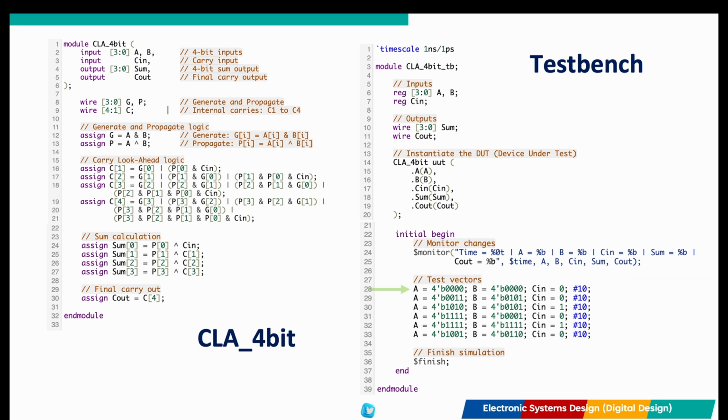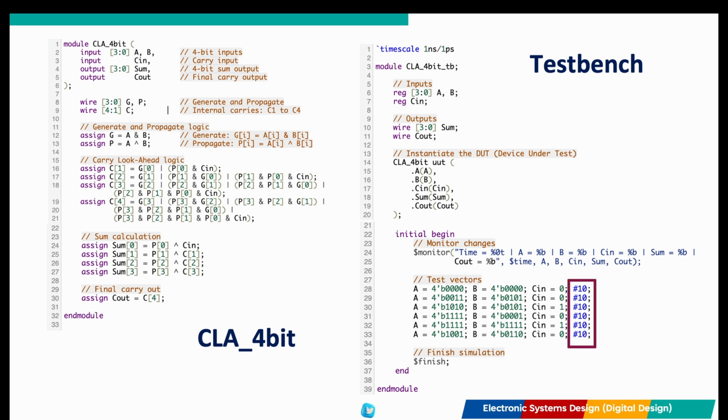Inside the initial block, we apply test vectors. We start with simple zeros. Then we test standard addition like 3 plus 5. We specifically test worst-case scenarios like adding 1111 with a carry-in of 1. This forces the carry to travel across all bits, verifying that our look-ahead logic handles the maximum possible values correctly.